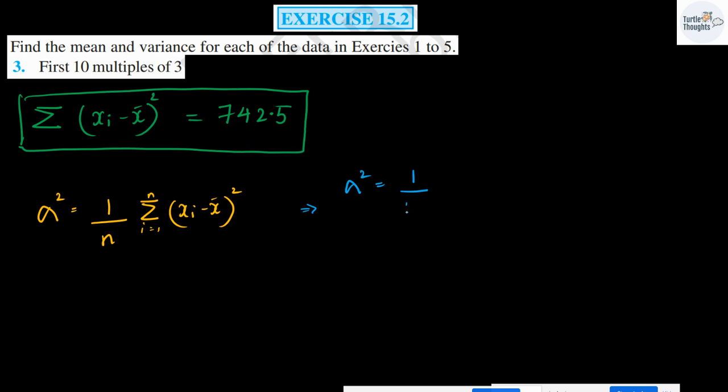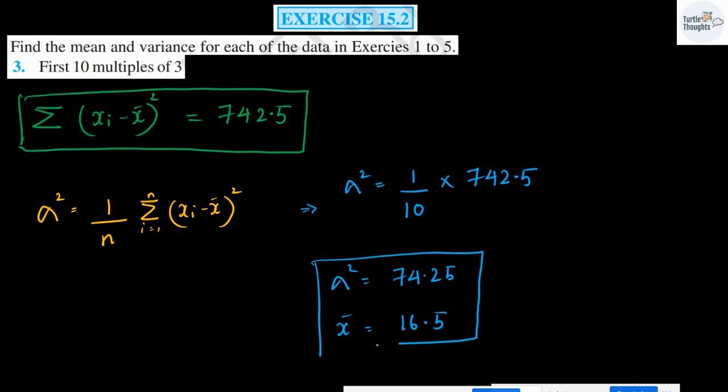First 10 multiples, we have 10 numbers, so 1 divided by 10 multiplied by 742.5. Variance will be 74.25. And I have got the mean value to be 16.5. This is going to be the final answer. Is that clear?